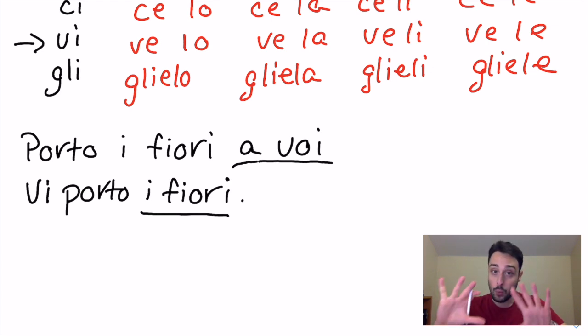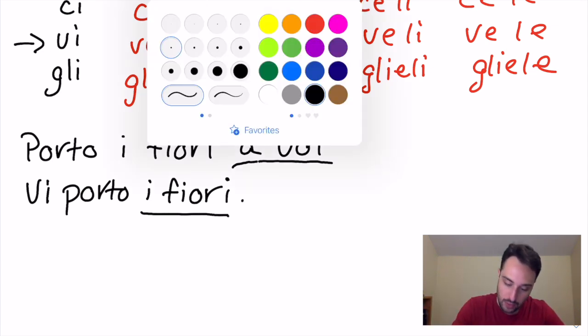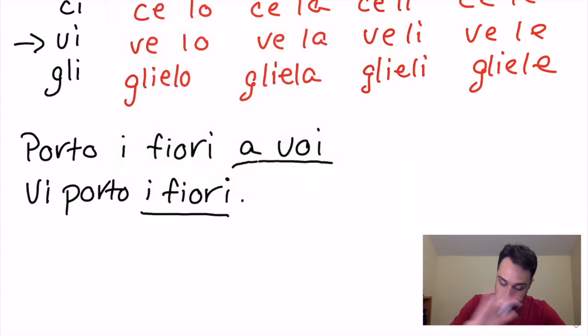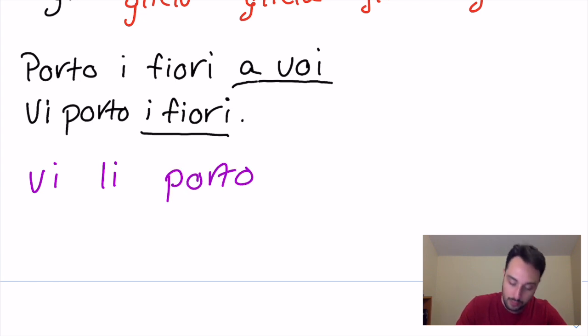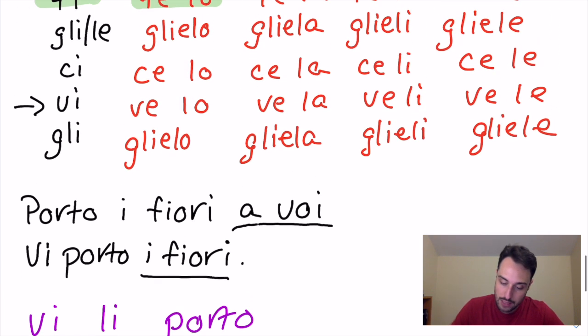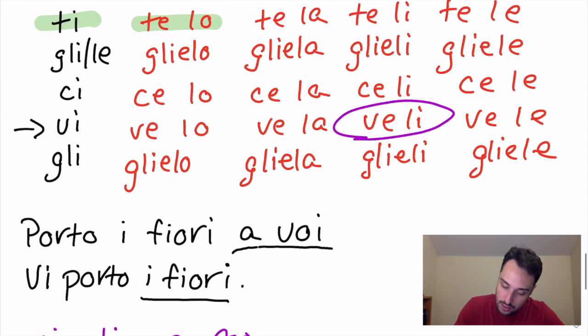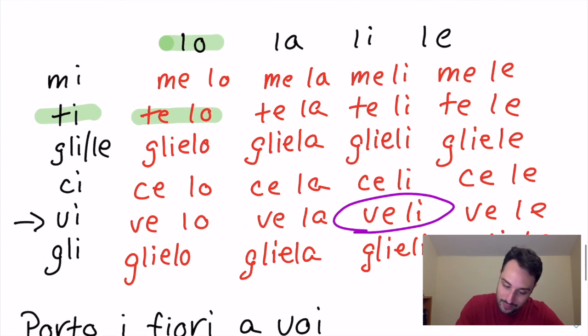So what it would be, but it's not going to be this, okay? I'm going to write this in purple. This is not correct Italian. Vi li porto, okay? If we put them all together. But here's the thing. We don't say vi li. Why? Well, take a look at our table over here. What happens when vi goes next to li?